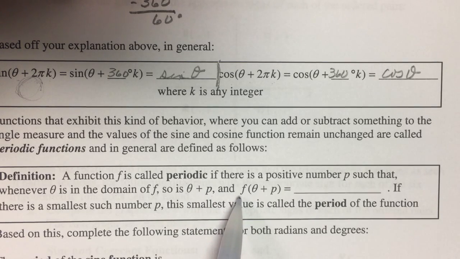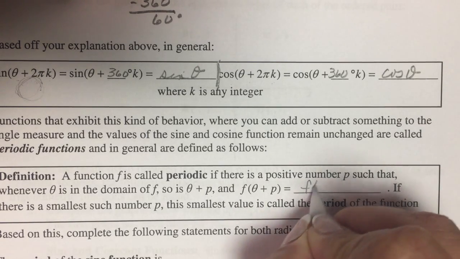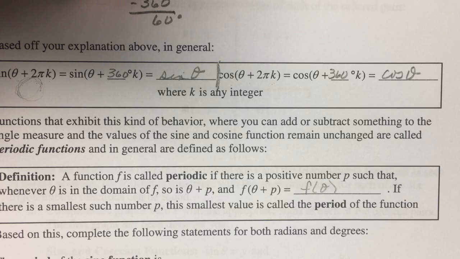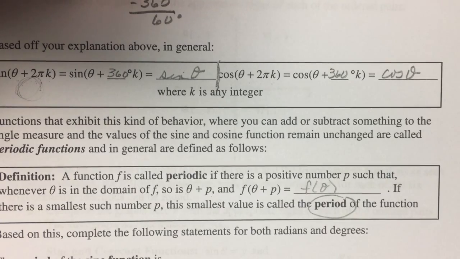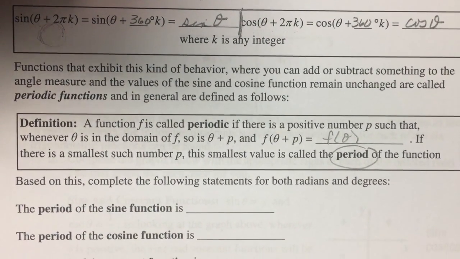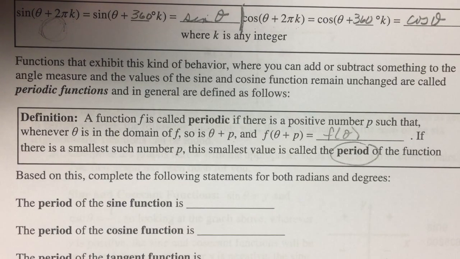And f of theta plus p is exactly the same as f of theta. If there's a smallest such number p, then this smallest value is called the period. Okay, so again, we're going to talk a lot about periods, so don't panic if that's a little fuzzy. It's okay. So now, here are things that you need to know.